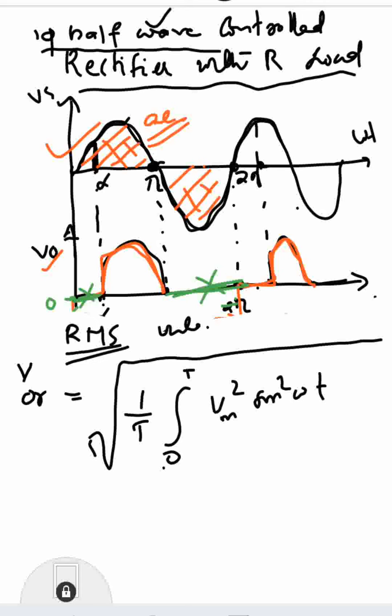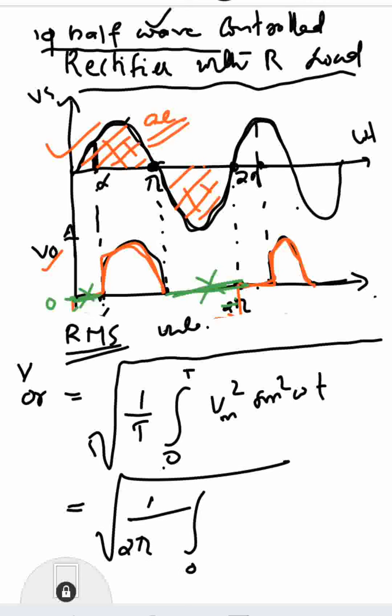So you will get 1 divided by 2 pi, integral 0 to 2 pi, and you can shift it to alpha to pi because the waveform is present only for the duration alpha to pi, Vm square sine square omega t d omega t.